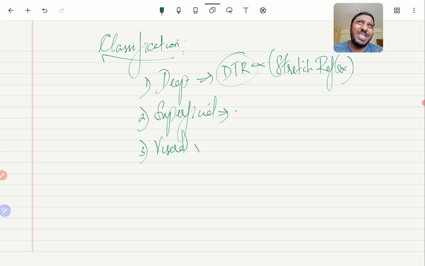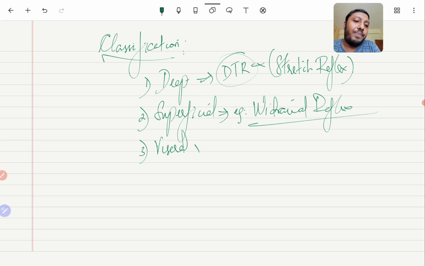Mostly it is pain that stimulates these superficial reflexes, but there are other things also. For example, the withdrawal reflex.